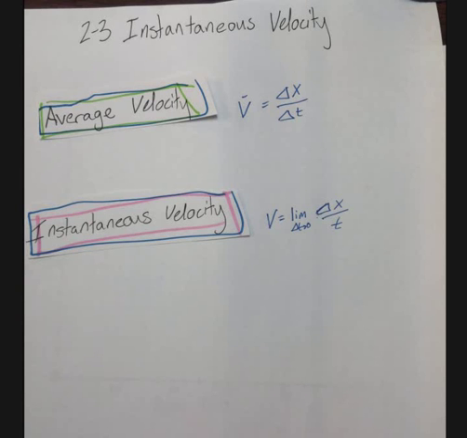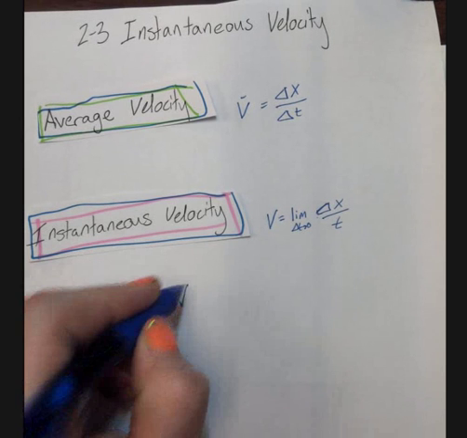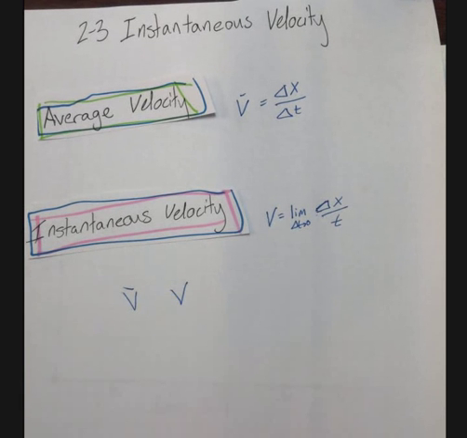So now that we have our difference between average velocity and instantaneous velocity, represented v bar for average velocity and just v for instantaneous velocity, we're going to take a look at our Los Angeles trip.